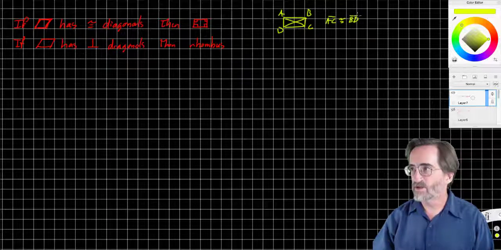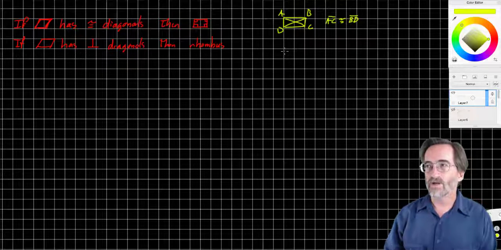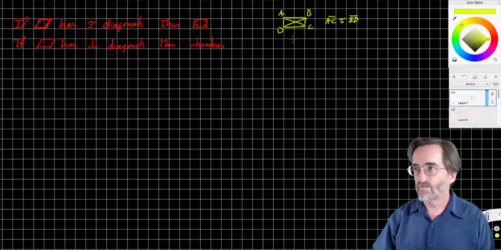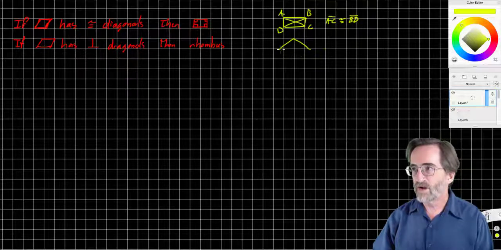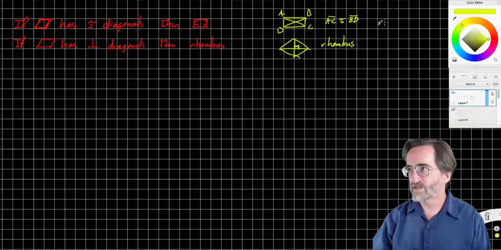If the diagonals are congruent in a parallelogram, now it has to be a parallelogram, then it's a rectangle. Likewise, if a parallelogram has diagonals that are perpendicular to each other, then it's a rhombus. This is a rectangle, this is a rhombus. Okay?